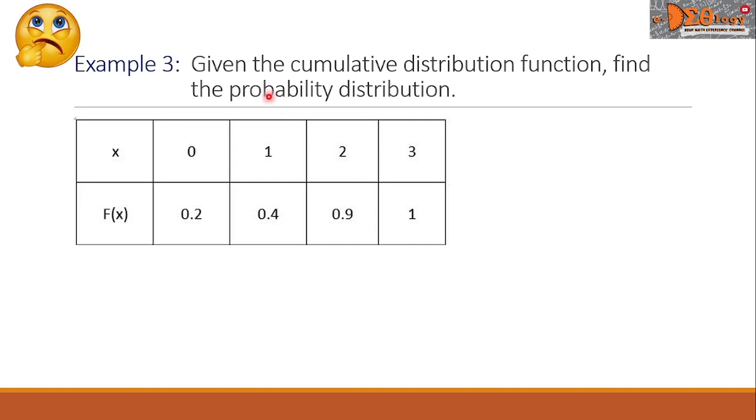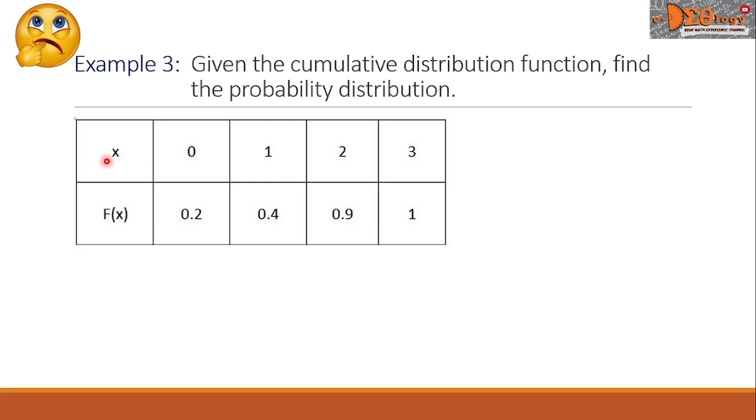Example 3. Given the cumulative distribution function, find the probability distribution. This time we have a reverse process. The cumulative distribution function is given here. Now it's time to get the probability distribution.